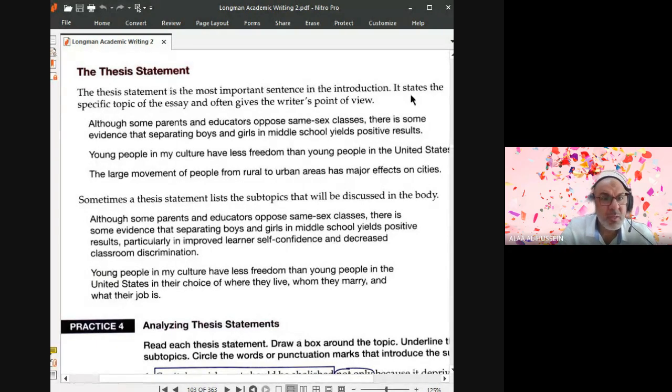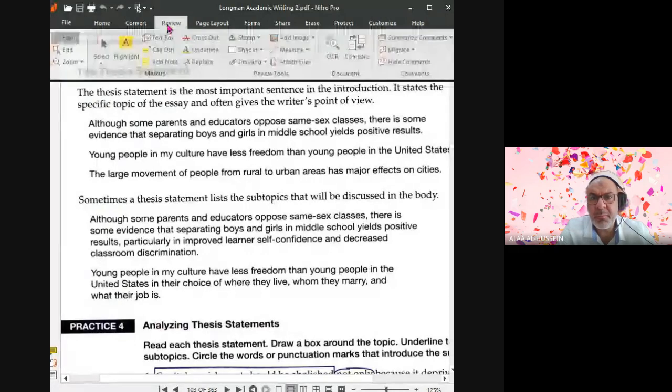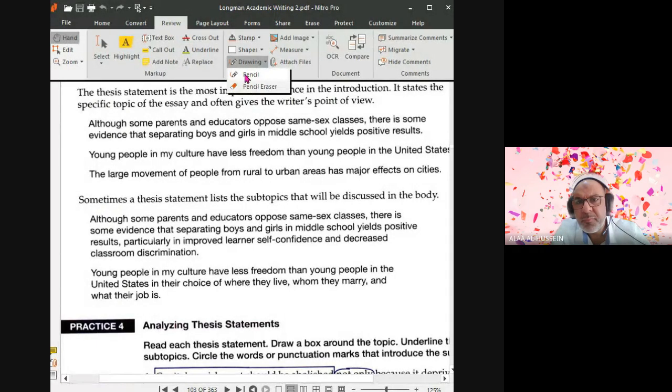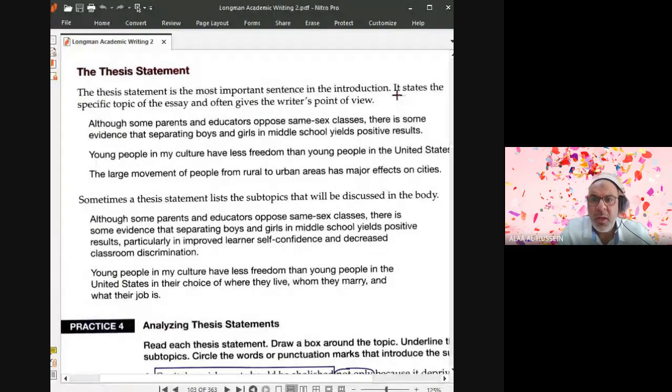There's no because, but it explains that. It states, let me mark this for you. It's as if the writer here says, because it states, okay? It states the specific topic, but there's no need to start the second sentence with because.